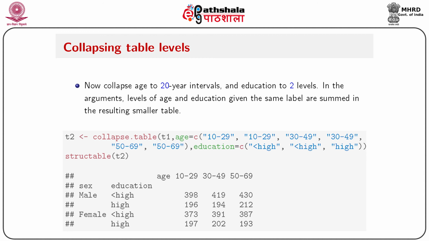And the last 2 you can write as 50 to 69, 50 to 69. Whereas in education you can just write less than higher, less than higher, and higher, and that will collapse the levels from 4 to 3 and 3 to 2. You can see the table, which might give you a much clearer idea.